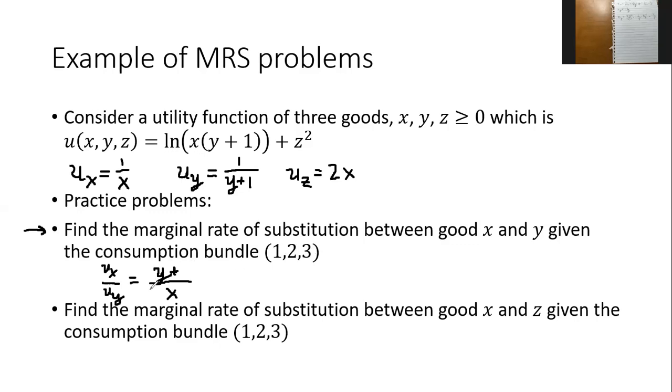And remember, the problem says to evaluate it at the bundle 1, 2, 3, X equals 1, Y equals 2, Z equals 3. I plug in 2 for Y there. I'm just going to go right to the answer. 3 over 1 equals 3. I think the answer is 3.